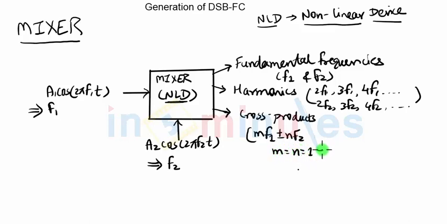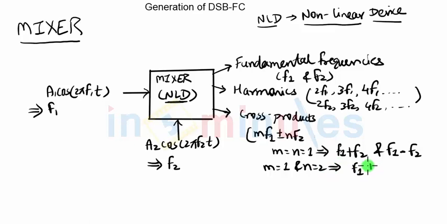If m and n are equal to 1, then we will have f1 plus f2 and f1 minus f2. Now m and n will take all the variety of combinations. Let's say m is 1 and n is 2. In that case, the frequencies generated will be f1 plus 2f2 and f1 minus 2f2. I can have the case where m is 2 and n is 1. In that case, the frequencies generated will be 2f1 plus minus f2 and so on.